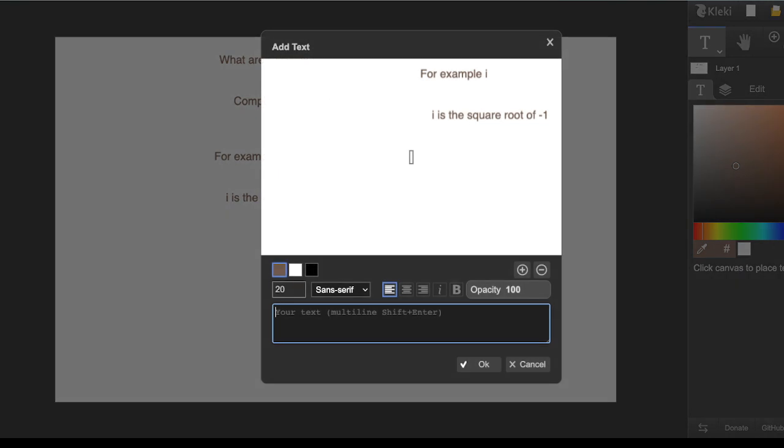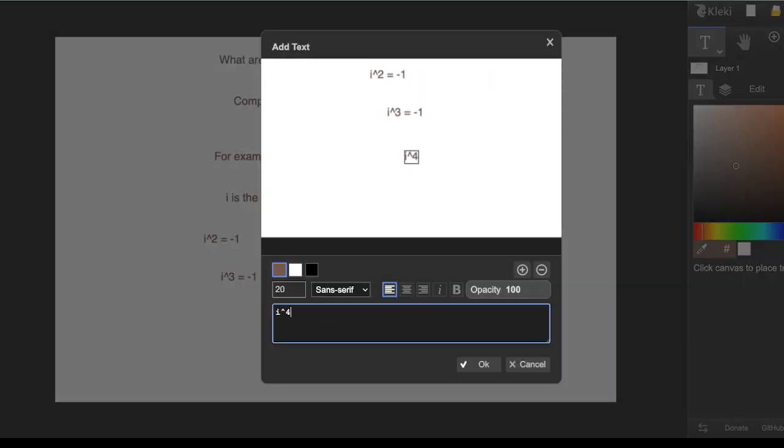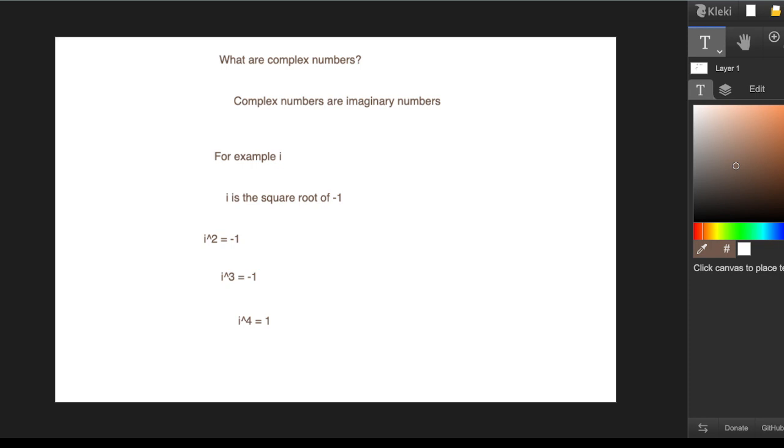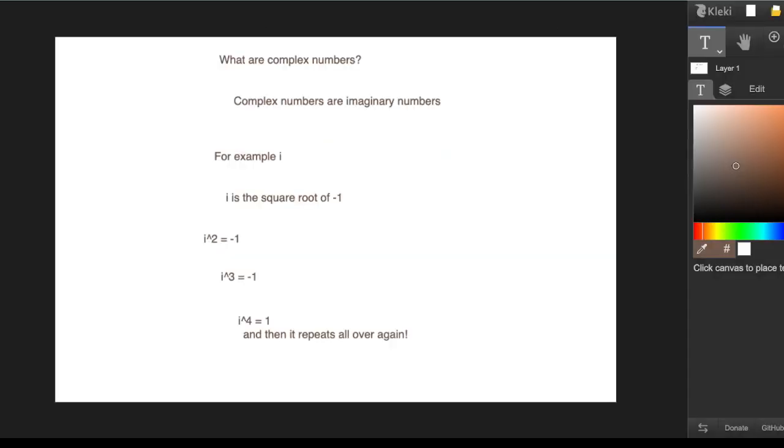And for some basic information, i squared is -1. i cubed is -i, and i to the power of 4 is 1. And then it repeats all over again. Alright, there we go.